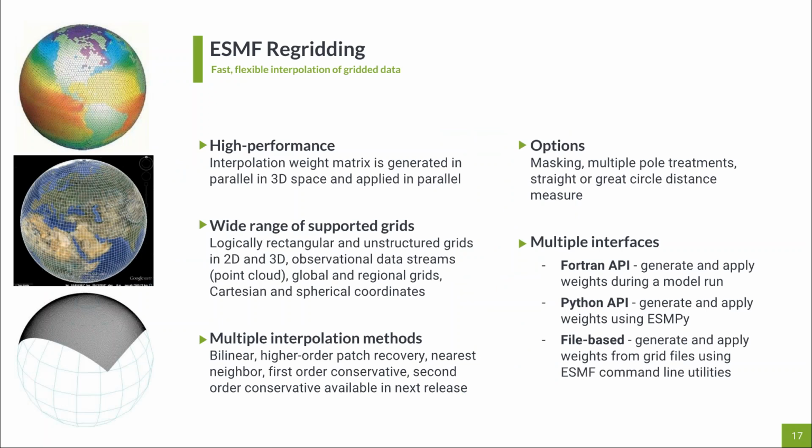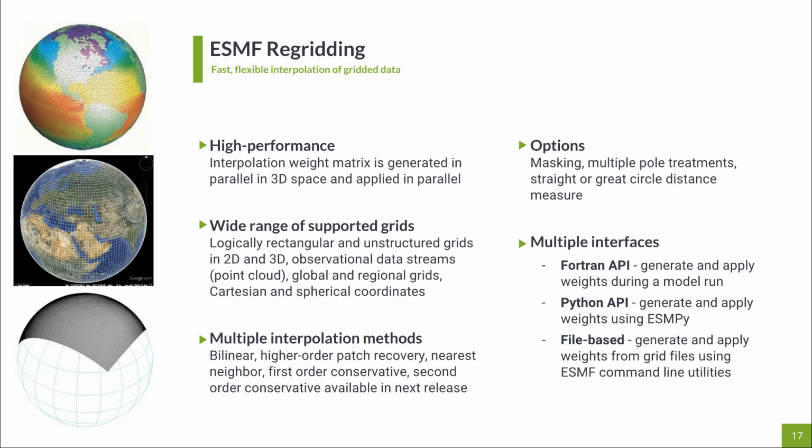So these are some different aspects of the regridding. As I said before, we always have high performance in mind. The interpolation weight matrix calculation, which is the fundamental operation here, is done completely in parallel in 3D space. If you have a 2D surface and you provide lat-long coordinates, we project that onto a 3D Cartesian space and do all of the weight calculation there in parallel, and that helps to avoid issues that could come up at the pole singularity.